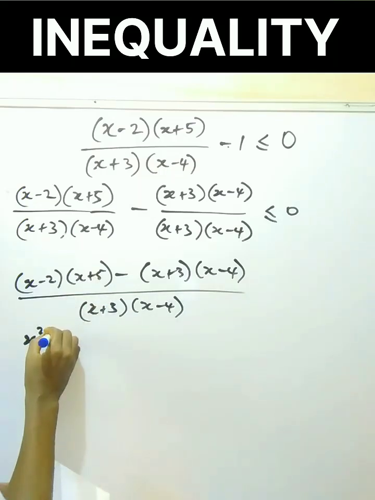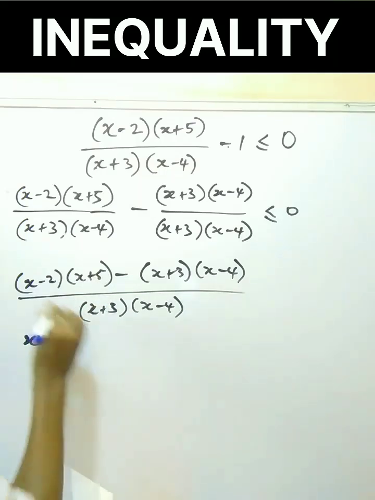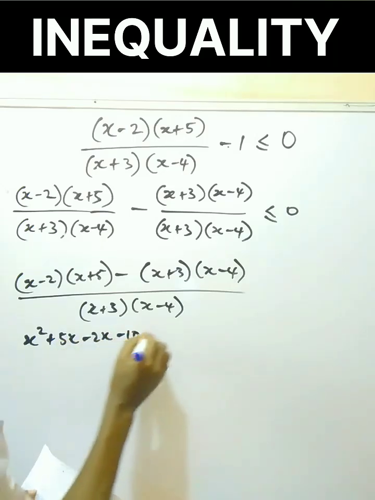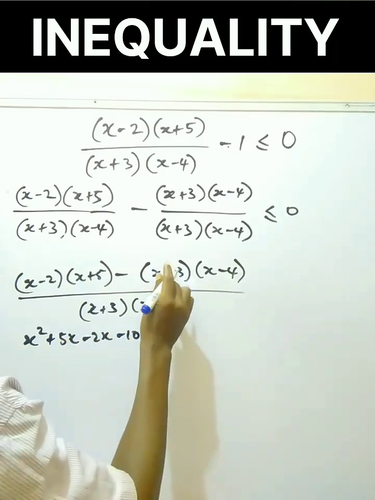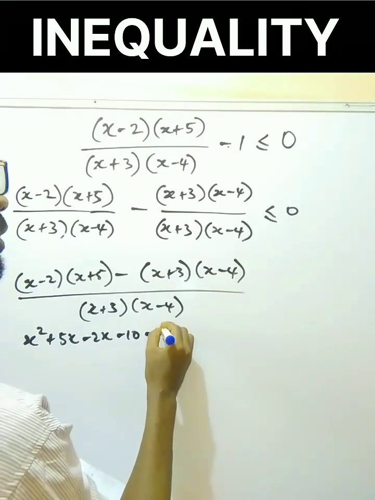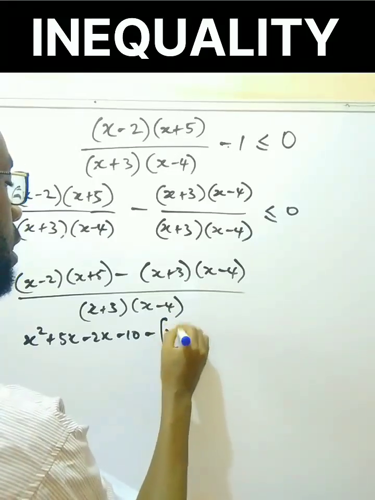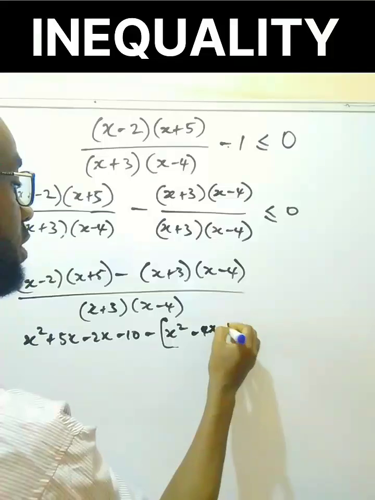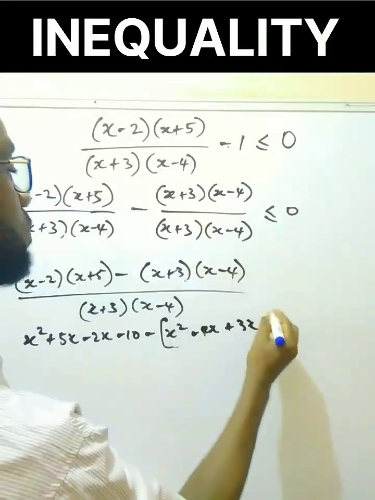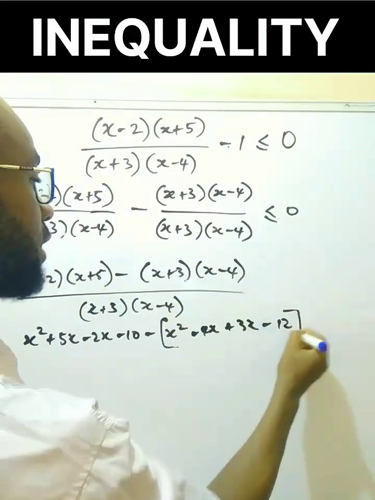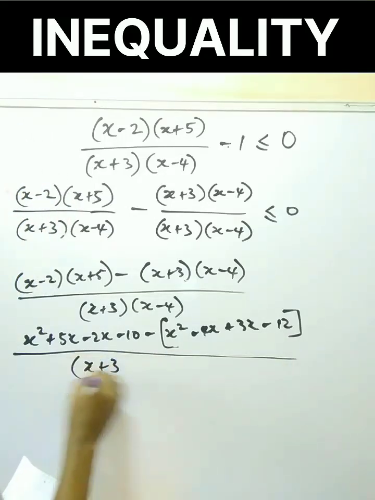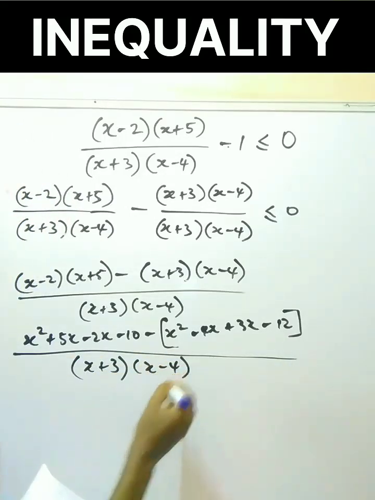This times this will give me plus 5x. This times this minus 2x. This times this minus 10. Minus, here this times this will give me x squared. This times this will give me minus 4x. This times this will give me 3x. This times this will give me minus 12, and then all over (x plus 3)(x minus 4).